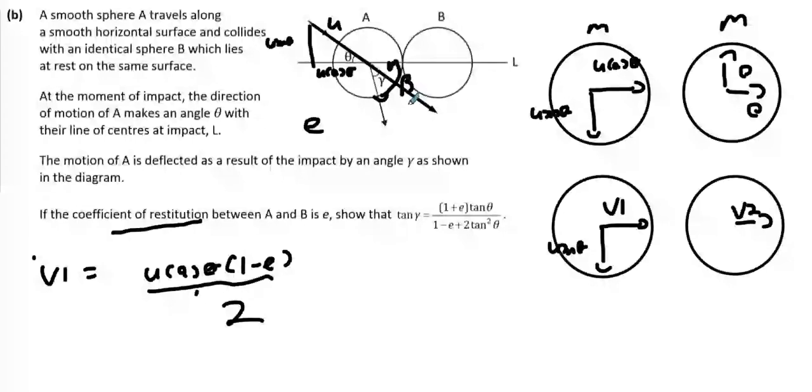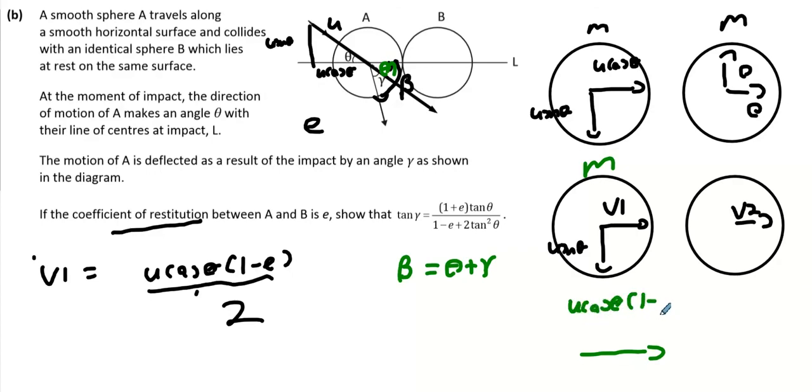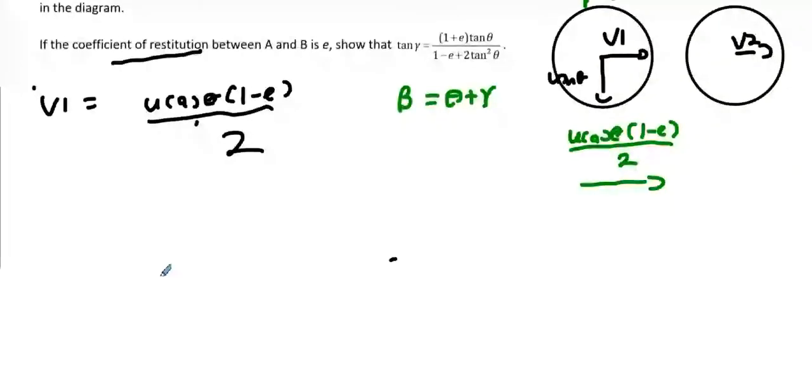We can call this angle B. Okay, and we know that this angle here is theta. So we could say that angle B equals angle theta plus gamma. Okay, now this angle is all to do with the after effect of sphere A. And sphere A is going across at u cos theta, 1 minus e, all over 2, and it's going down at u sine theta.